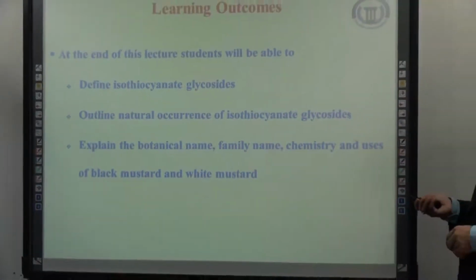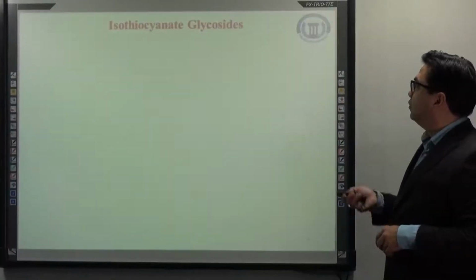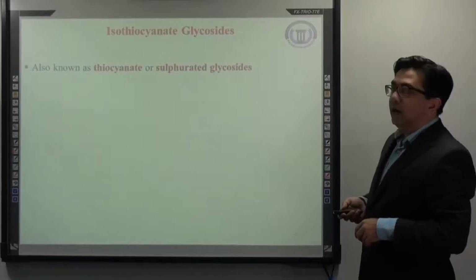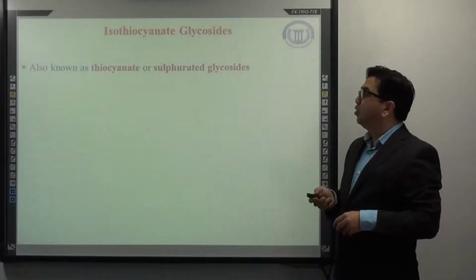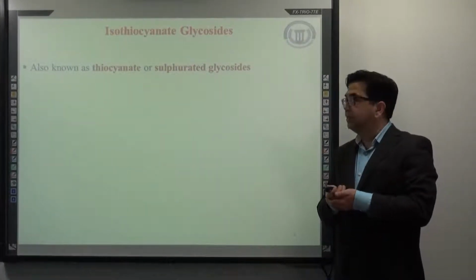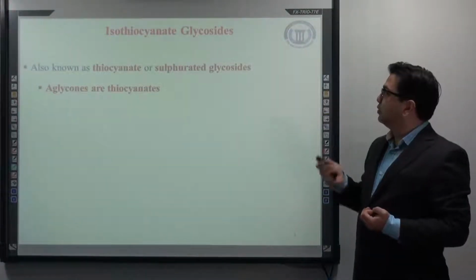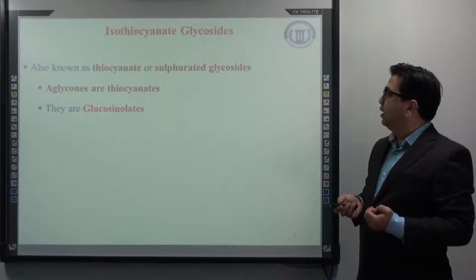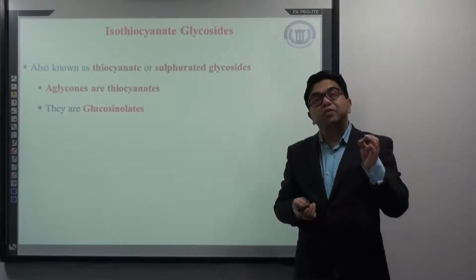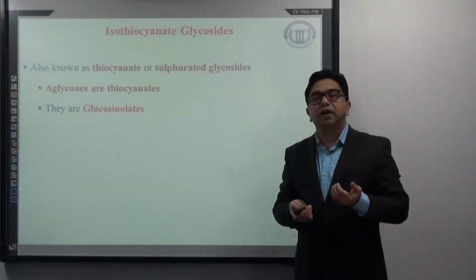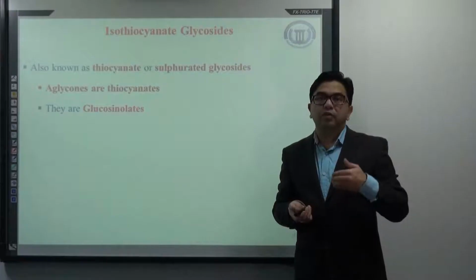Coming back to the lecture again, they are also known as thiocyanate or sulfurated glycosides. And here, as I mentioned already, glycons are thiocyanate in nature, and they are also known as glucosinolate. This is again one of the new examples that we are going to discuss.